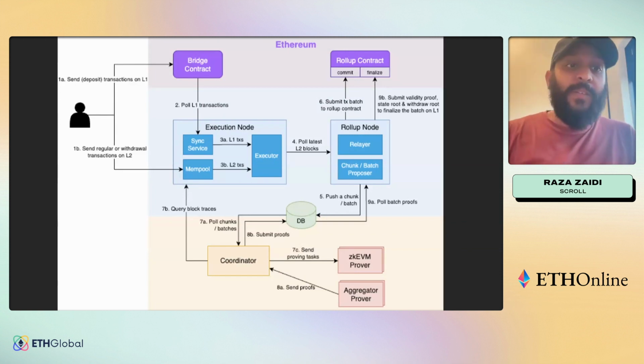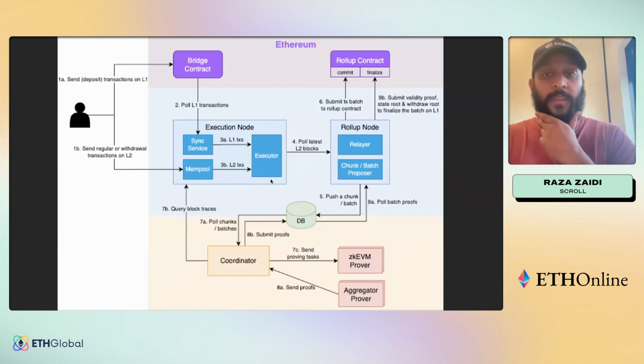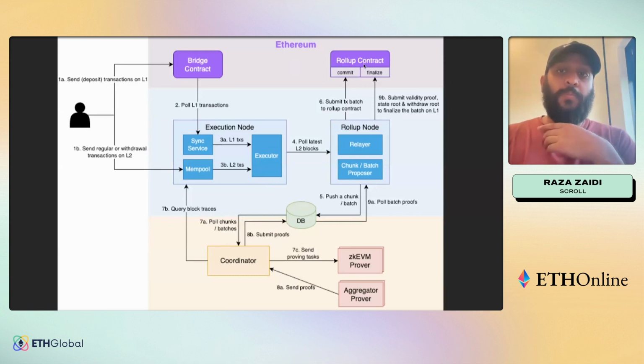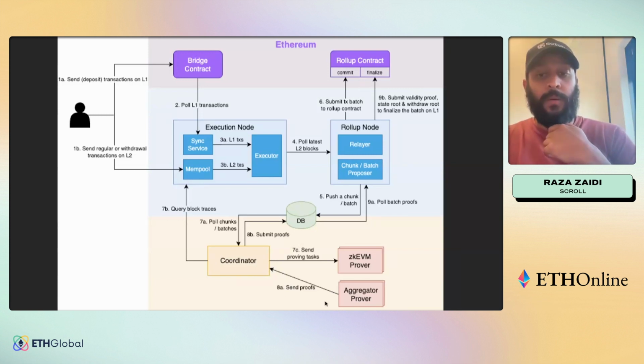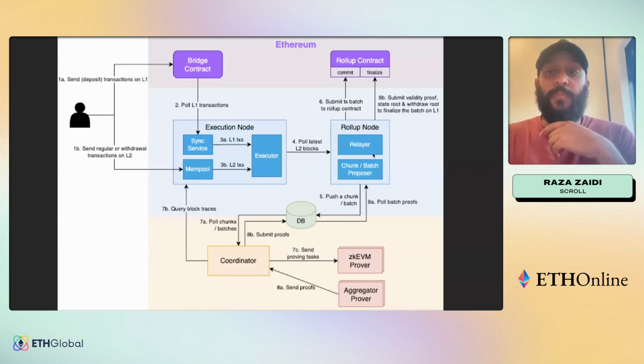So over here, you can see a user, just like any other user on Ethereum, would send their transactions, the execution node batches them together, sends it to the rollup node, which posts it on the rollup contract. And side by side, you have the coordinator that coordinates the prover network, and the prover network generates a ZK proof. It goes back, and the rollup node posts it on the rollup contract.